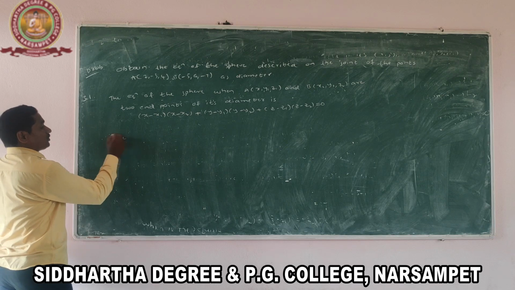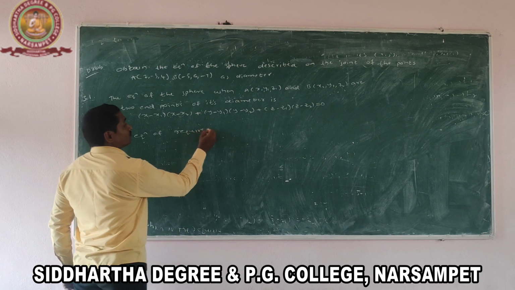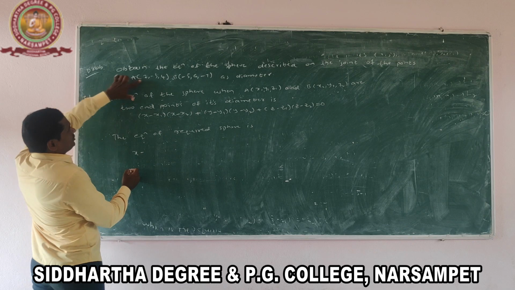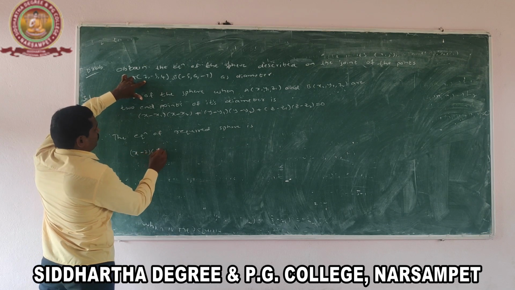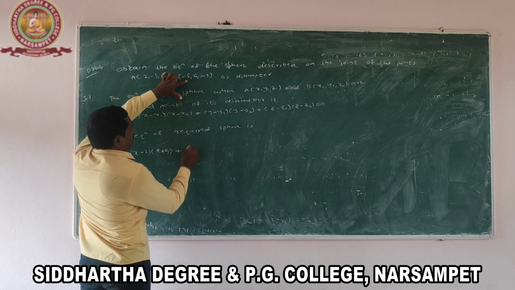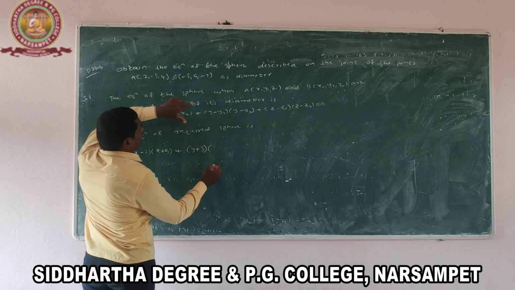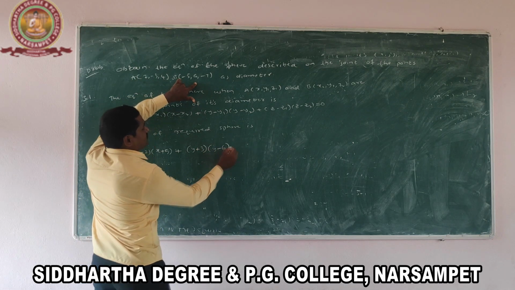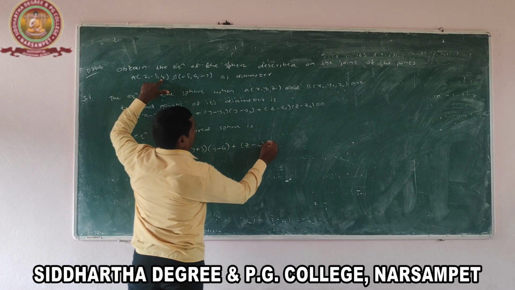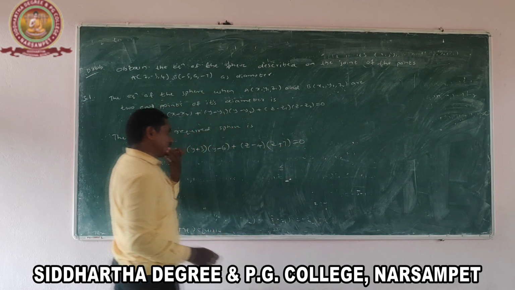Therefore the equation of the required sphere is: x minus x1 is x minus 2, x minus x2 is x plus 5, y minus y1 is y plus 3, y minus y2 is y minus 6, z minus z1 is z minus 4, z minus z2 is z plus 2, equal to 0.